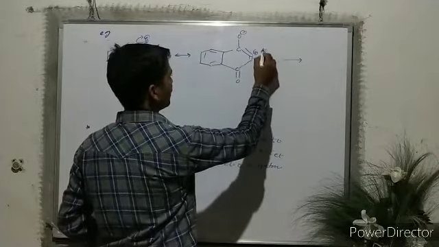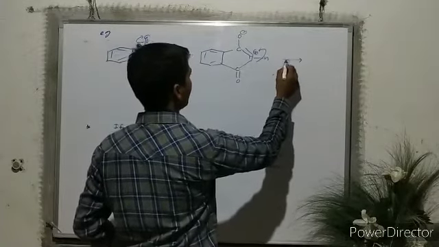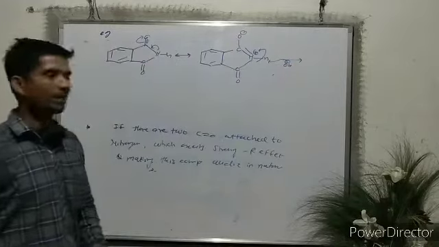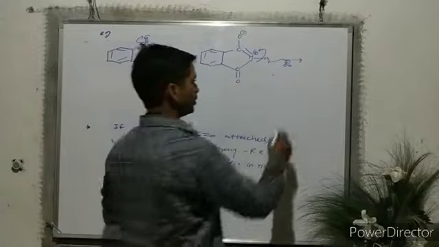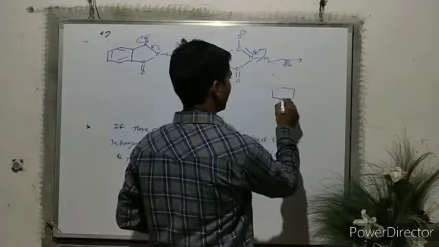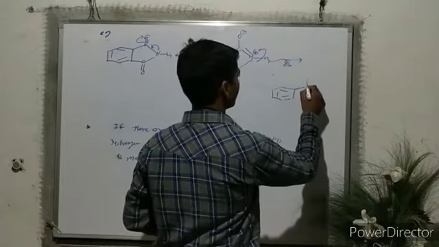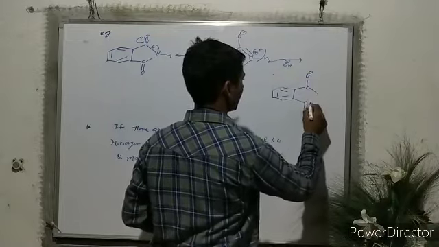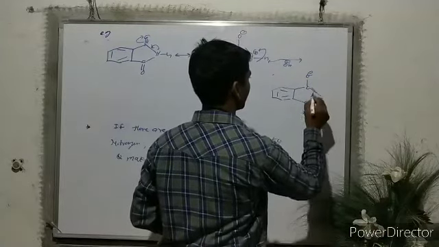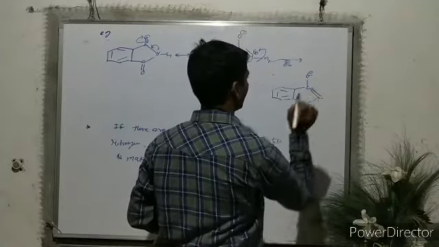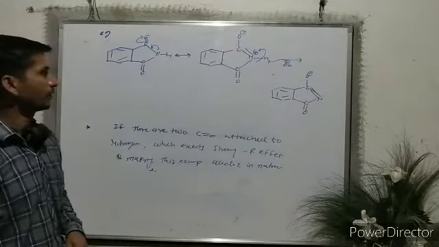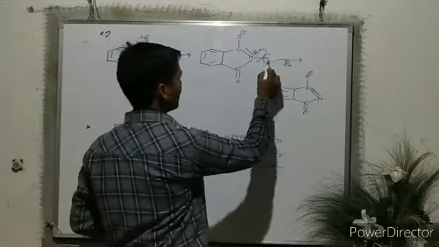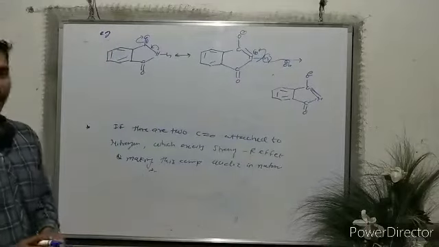So here is a loss of H plus. If there is any base, then it abstracts the proton. So it loses the H plus ion, so it is acidic in nature.